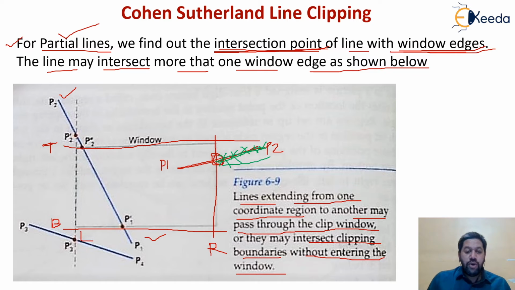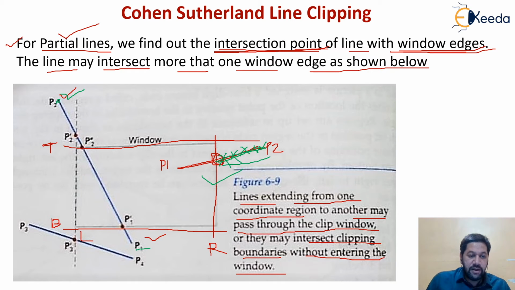But now in another example, we can consider this particular line in the diagram. This is my starting point of the line, and this is my end point of the line. So this is my P1 here and this is my P2. The line we just saw intersects only one edge, but this line intersects more than one edge. There may be three edges.